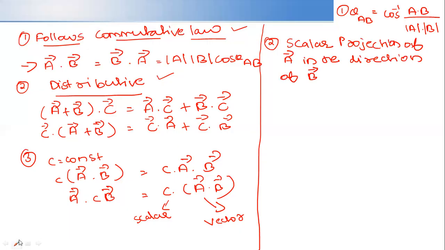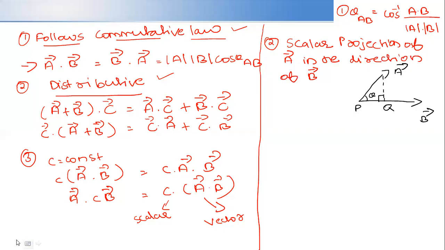So I will use another color. Suppose we have the same figure which we had in the previous slide. This is vector A and this is vector B, and this is the triangle, and this is PQ, and this is theta.